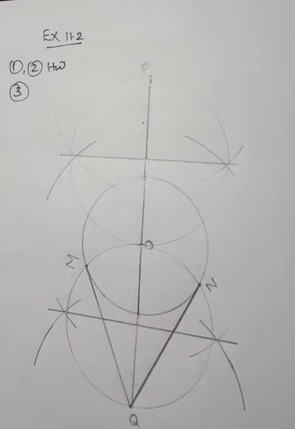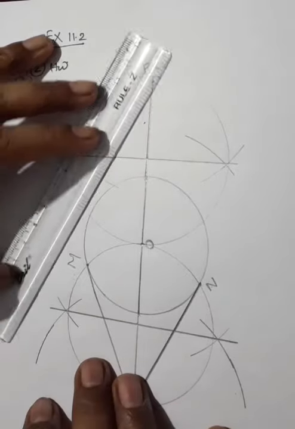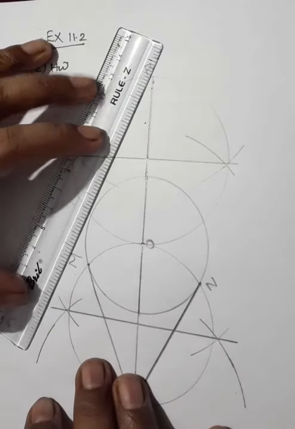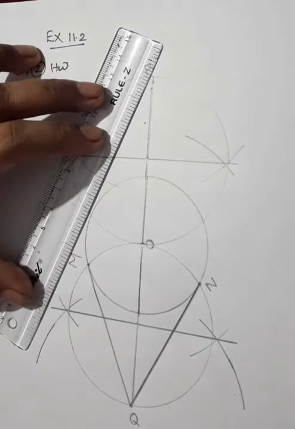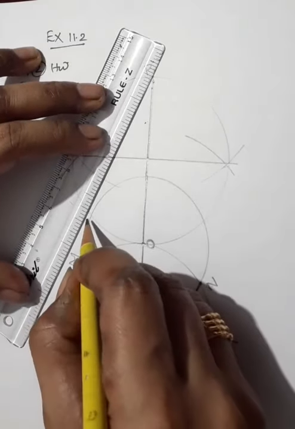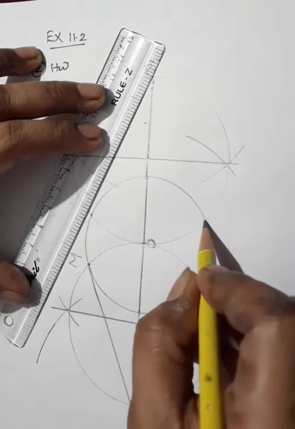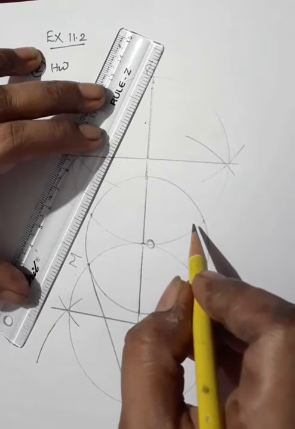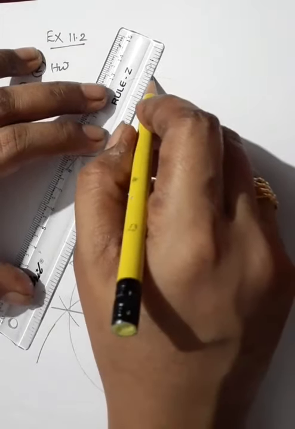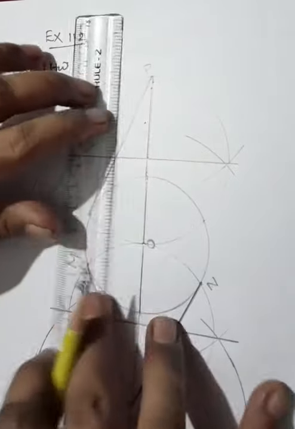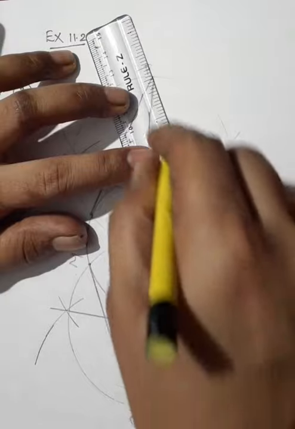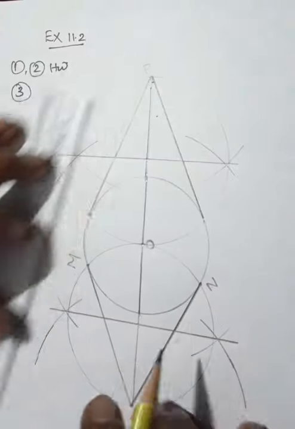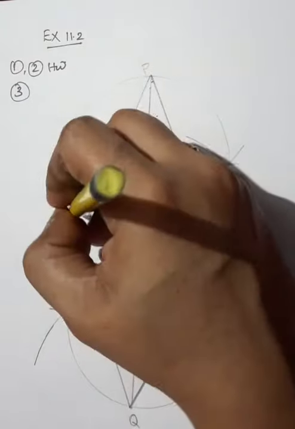Then after that join from P to this point of intersection of these two circles, these are the 2 points. Here one point, here another point. One line. So these are the required tangents.